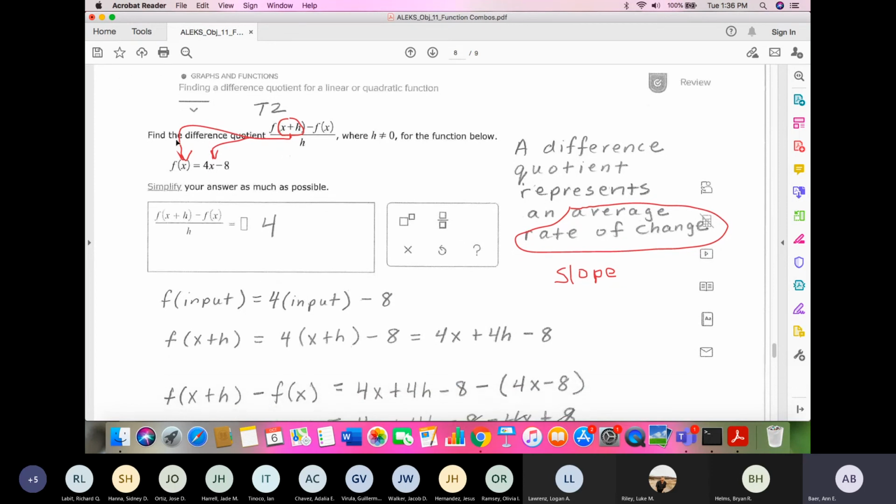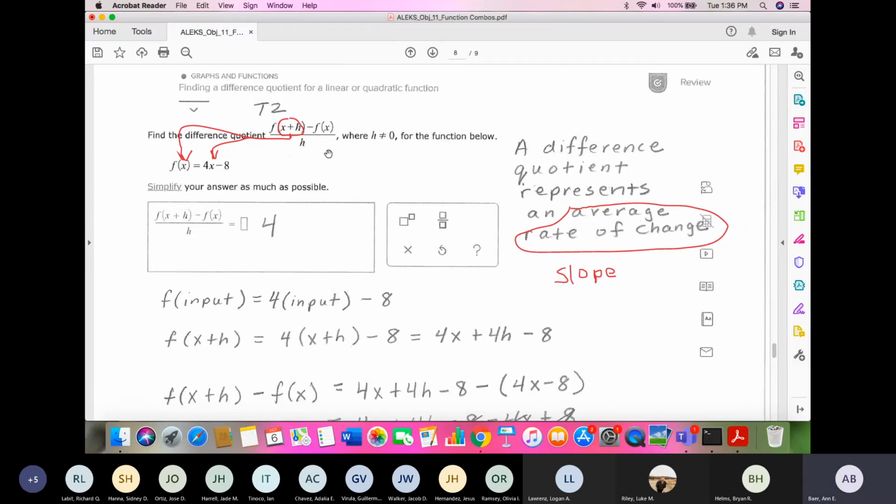So I want to look at this problem. Find the difference quotient, and I'm sorry that this isn't super clear because of how I did this, but I thought it was important to do it this way. Find the difference quotient. Now notice what we have above the fraction bar is a difference because we have subtraction, and all of this can be viewed as a quotient because it's the numerator divided by the denominator, which is a quotient.